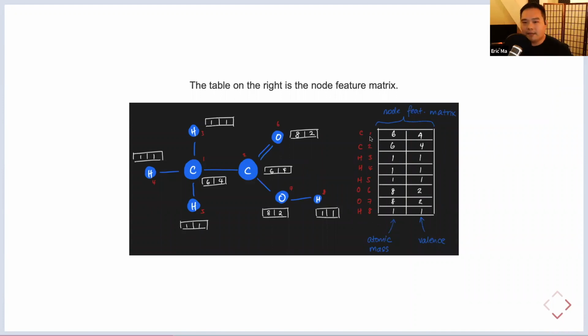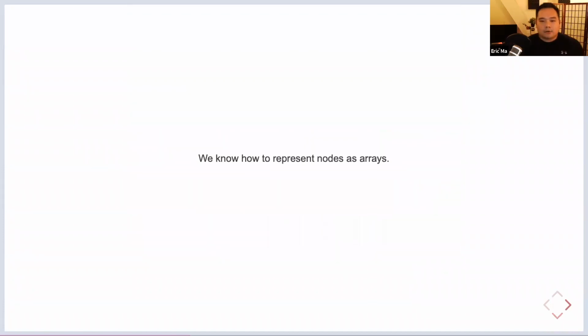But for now, take me at my word that in order to obtain what we call the node feature matrix, which is a complete picture of the numerical properties of each of these nodes, you stack all of these up in a particular order that you get to determine beforehand, and you get back what we would call a node feature matrix, all right? So we now know how to represent nodes as arrays.